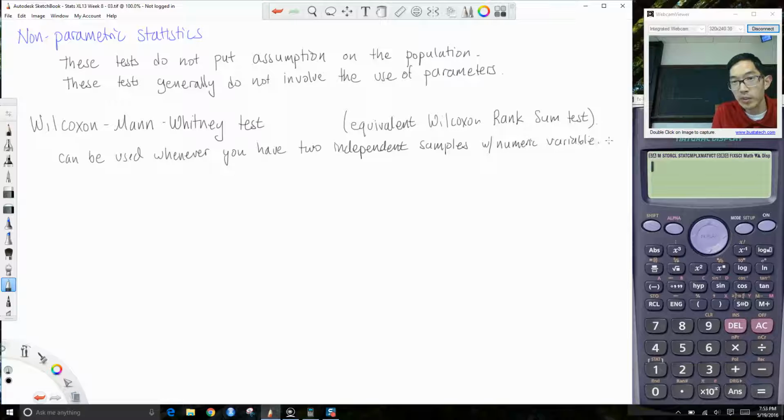So basically, in any situation where you would use a t-test for independent samples, you can also use the Wilcoxon Mann-Whitney test. But in general, nonparametric tests are less powerful than their parametric counterparts.